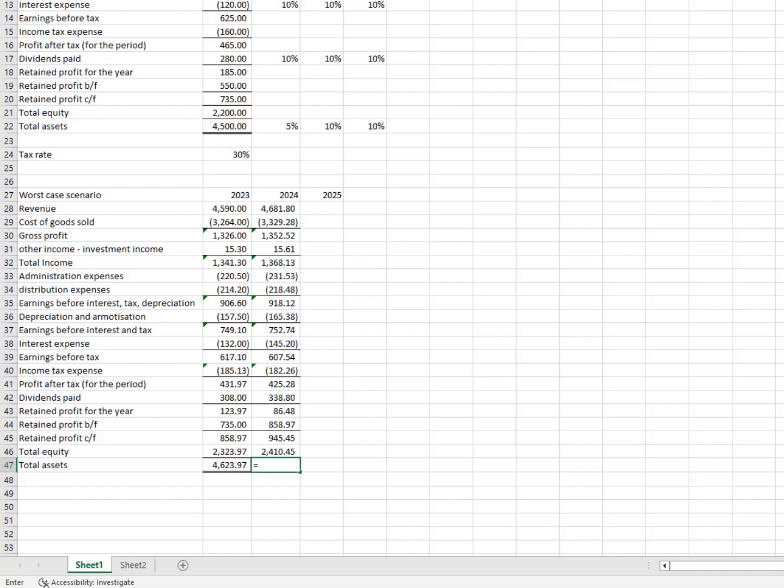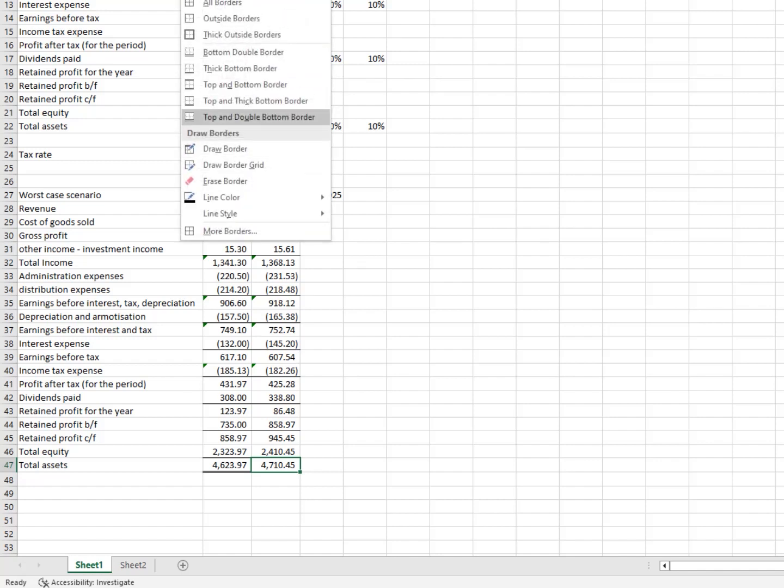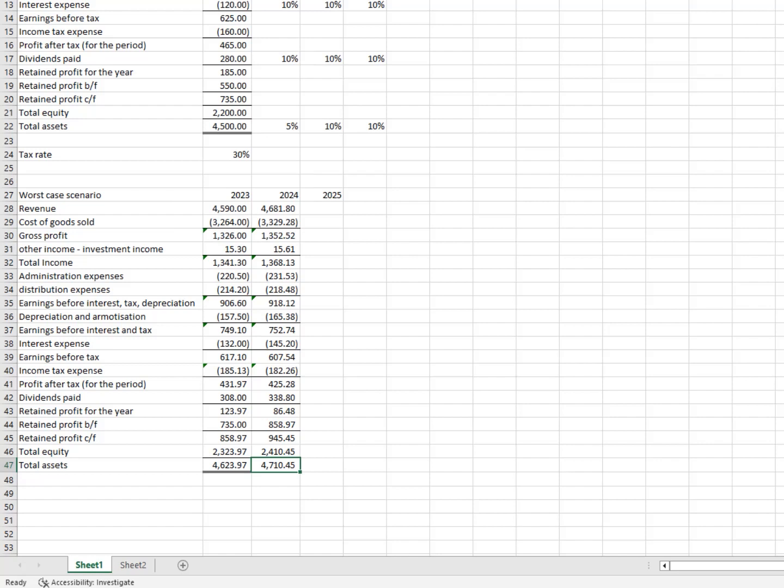So the previous period's total assets plus the retained earnings for the year, hit enter. And then we can format this with the top and double bottom border for uniformity. And we have our forecast for 2023 and 2024. For 2025, we do it the same way.